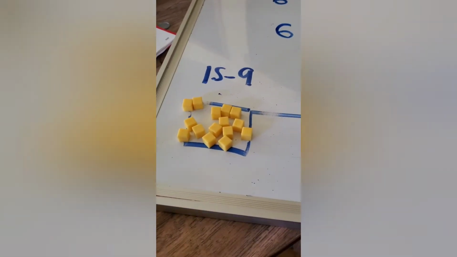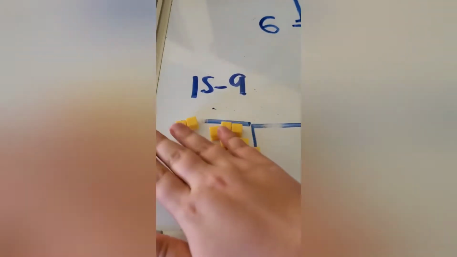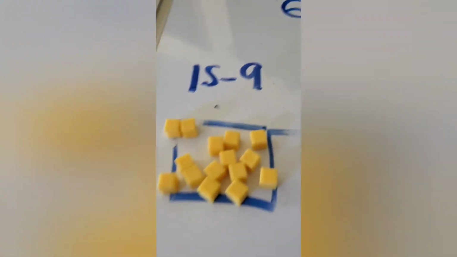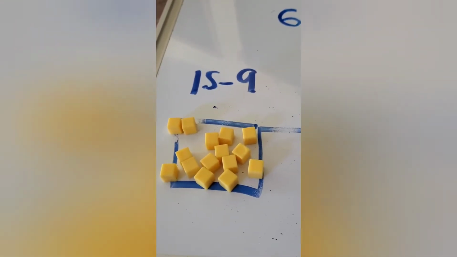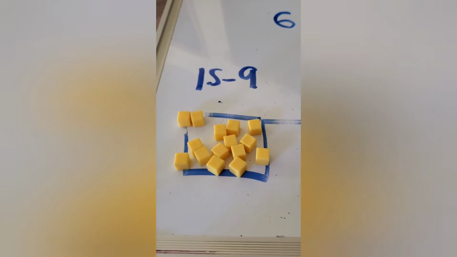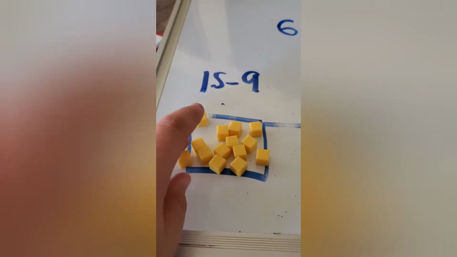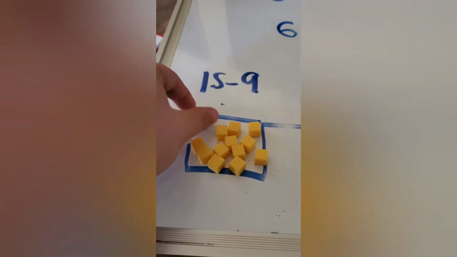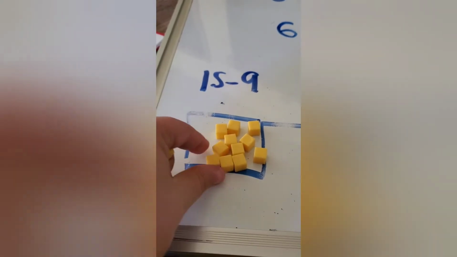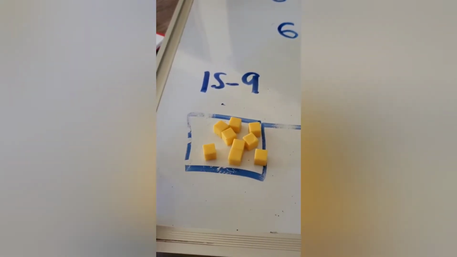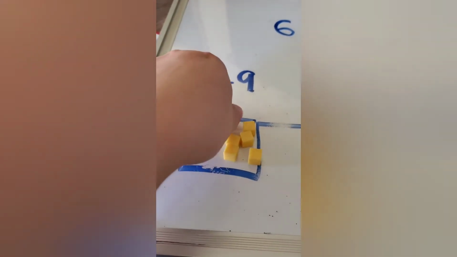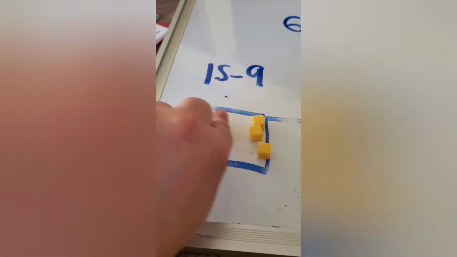Okay, so now I wrote it in our scale and I have my cubes here. Okay, so 15 take away 9, which we found out was what? It was 6. So I'm going to take away 9 right here. 1, 2, 3, 4, 5, 6, 7, 8, 9. So I have now 6.